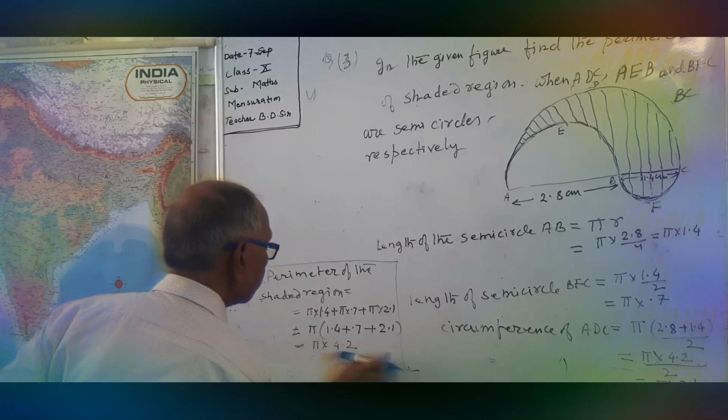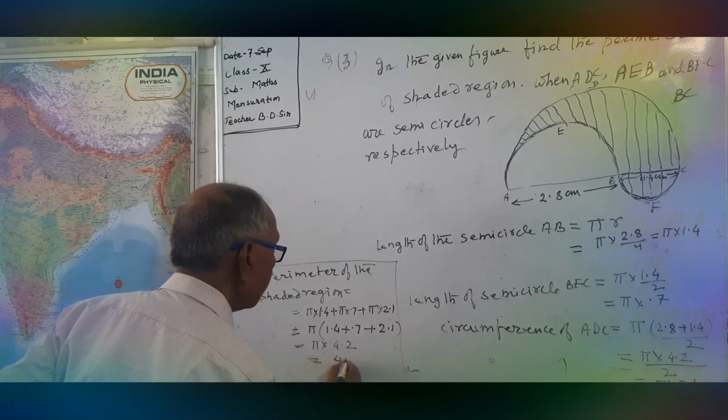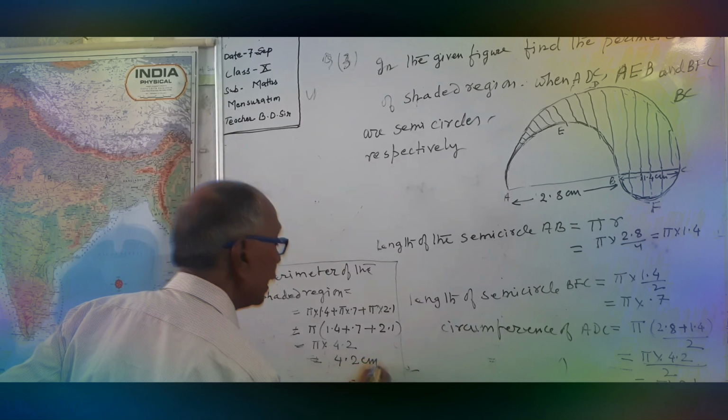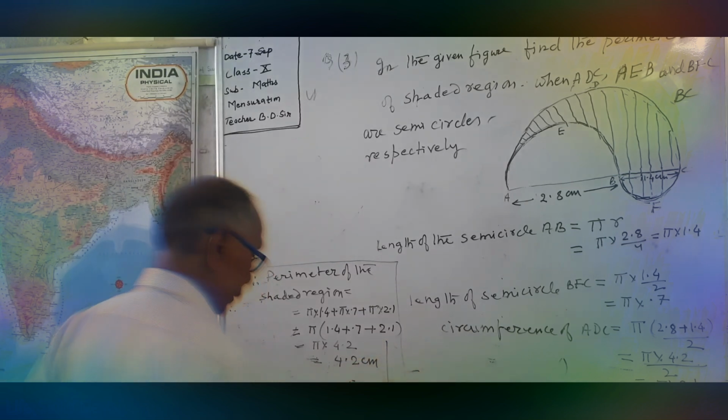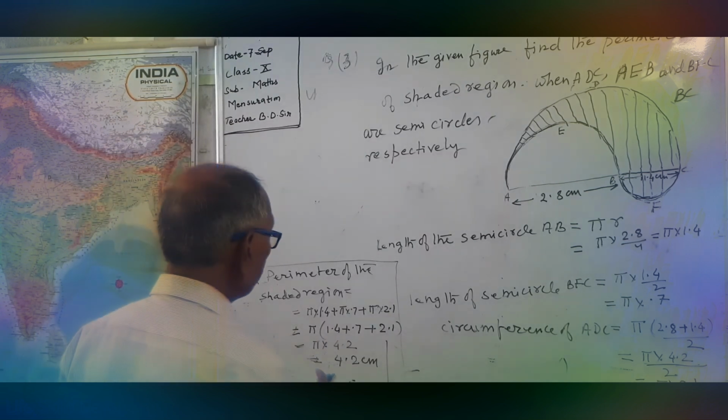So pi into 4.2 centimeter. This will be the answer, 4.2 pi centimeter.